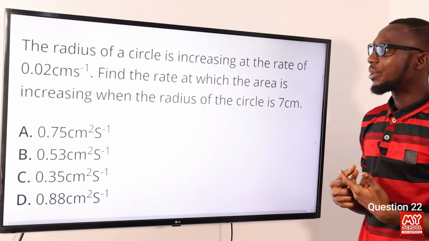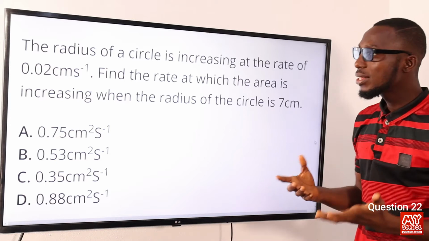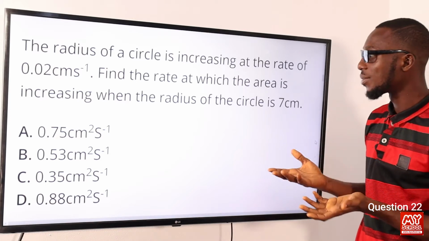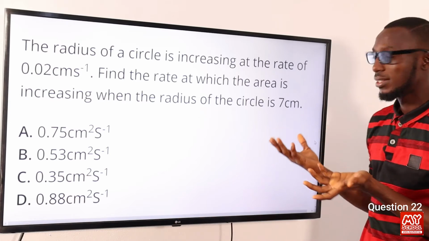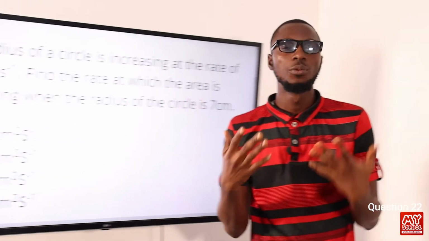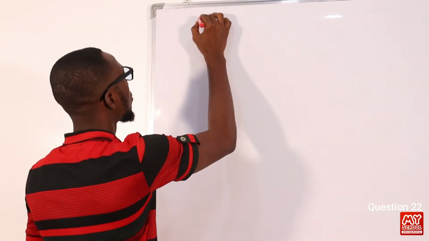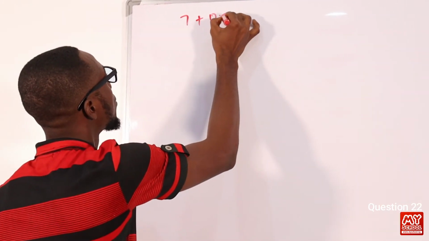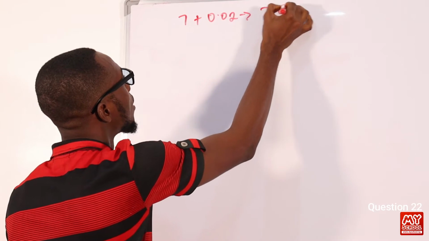22. The radius of a circle is increasing at the rate of 0.02. Okay, find the rate at which the area is increasing when the radius of a circle is 7 centimeters. Okay, so we are told that the radius increases by 0.02. So if it was 7, added to 0.02, so what you should have is 7.02.